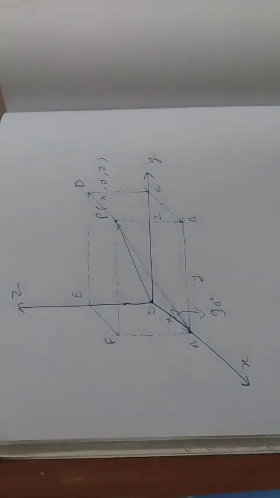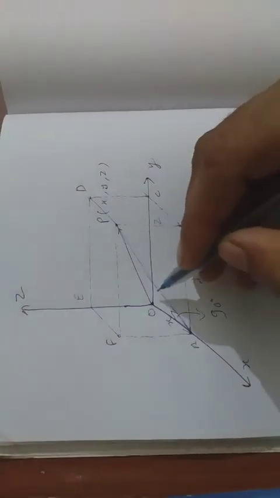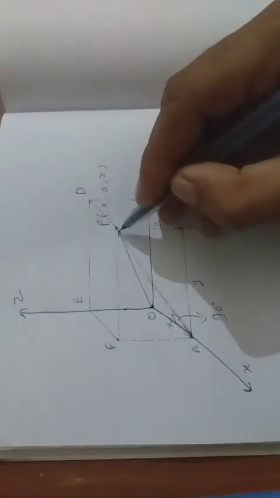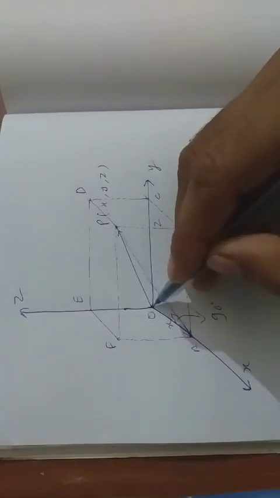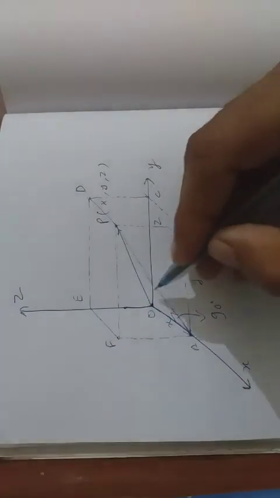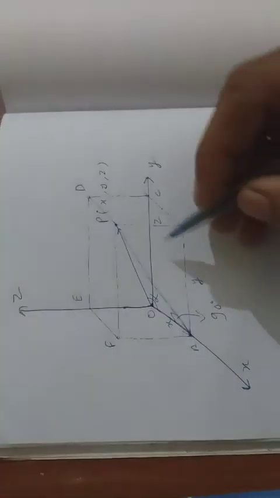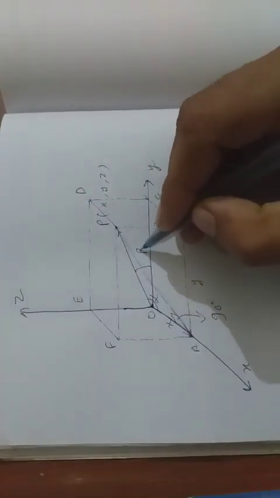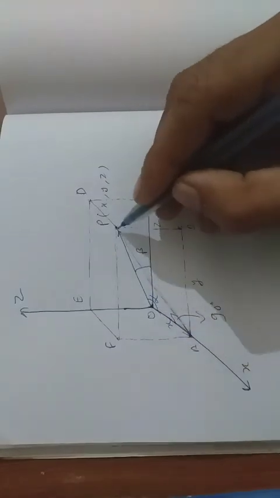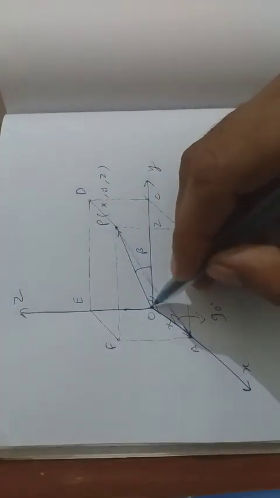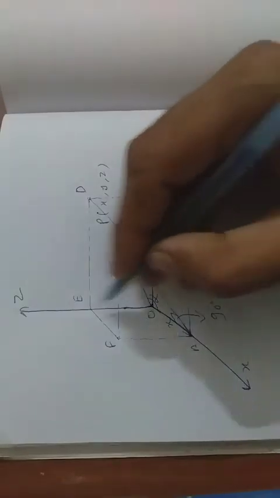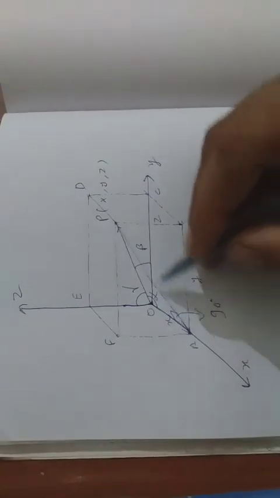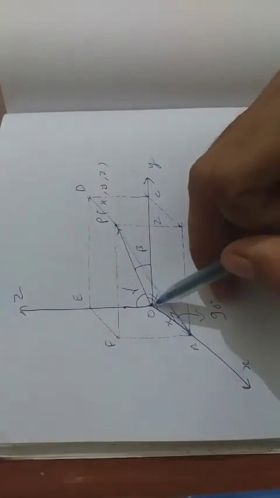Dear students, in the previous part we have defined that angle of vector OP with positive x-axis is alpha, angle of vector OP from positive y-axis is beta, and angle of vector OP from positive z-axis is gamma. So from this figure, consider triangle OAP.